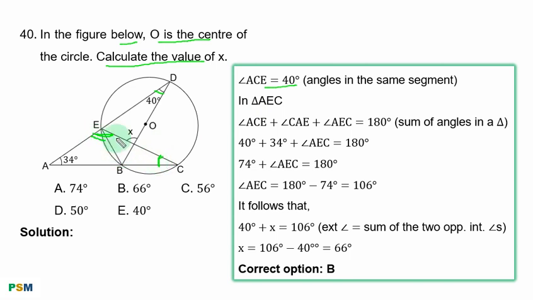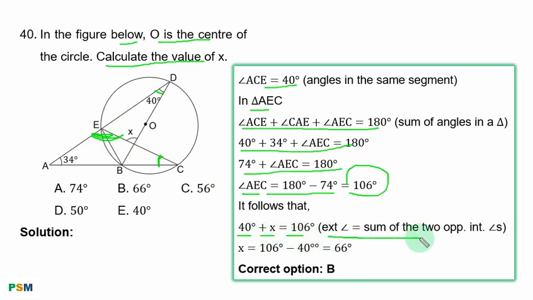We get this angle by considering triangle AEC. If you add the three angles, the sum is equal to 180 degrees. You have it in this form, and you have these results. Angle AEC becomes 106 degrees. 40 degrees plus S is equal to this angle, 106 degrees.